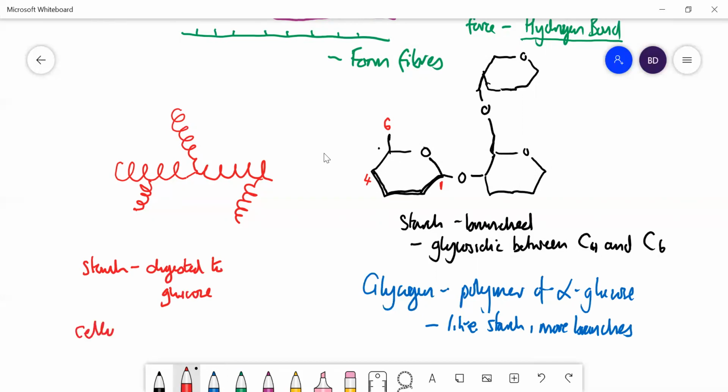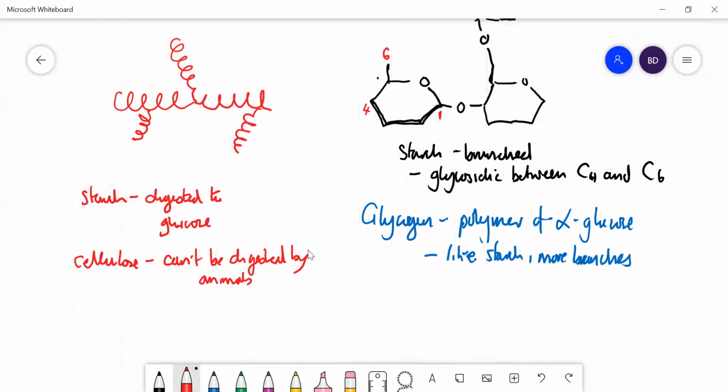Cellulose can't be digested by animals, because they don't have the enzymes to break down the linkage between two beta glucose molecules, but it can be digested by some microbes.